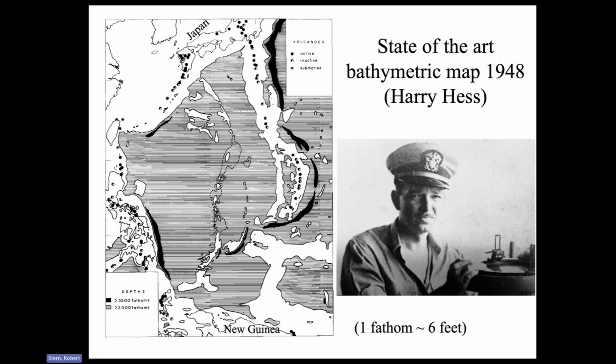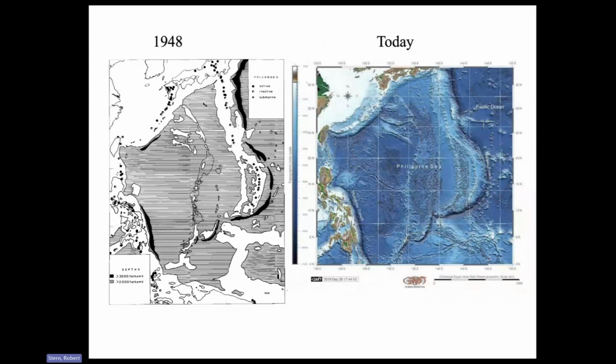And when we saw this map, this was quite remarkable because this is a bathymetry map of a huge area. All right, and here we're comparing the 1948 version with what we can do today. And obviously the level of detail in the modern map is spectacular.